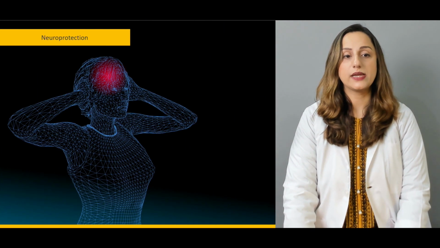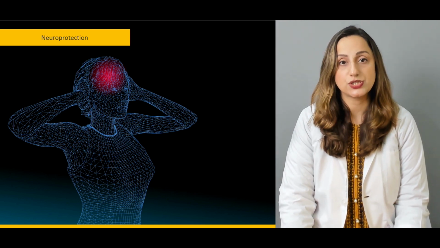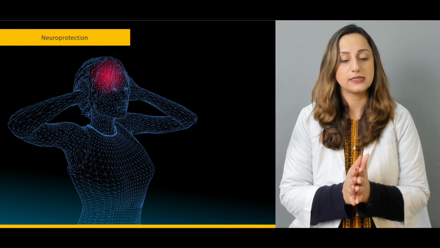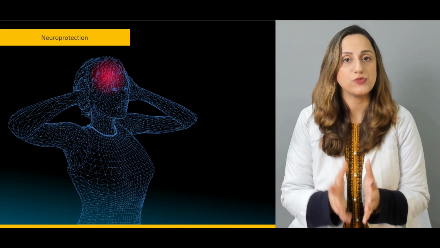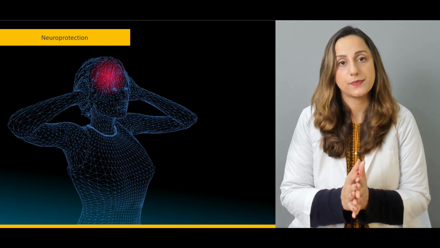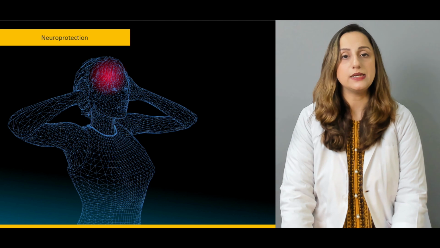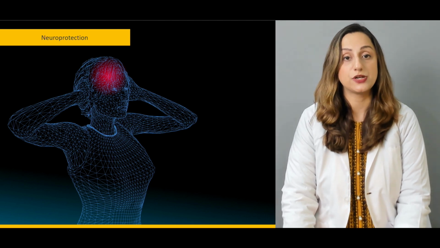Then obviously we can also give them certain drugs which provide neuroprotection. Now these drugs basically block the neuroexcitatory pathways, and they also prevent hypothermia. So all of these drugs come into the group which provide neuroprotection to these individuals.